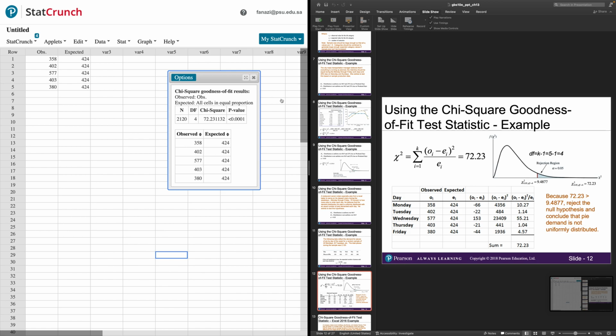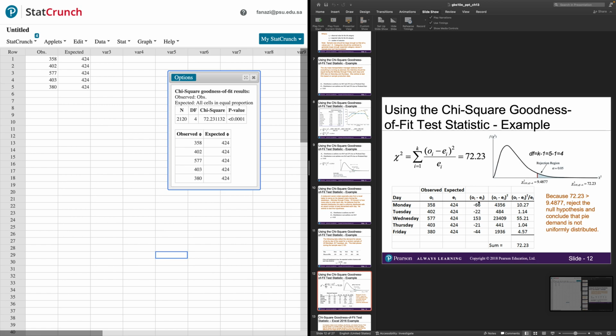The third way, we can do it manually. This is the data, the observed given in the question. So you must find the expected yourself, as I told you. After that, you subtract the expected from each corresponding observation, which in this case gives minus 66.